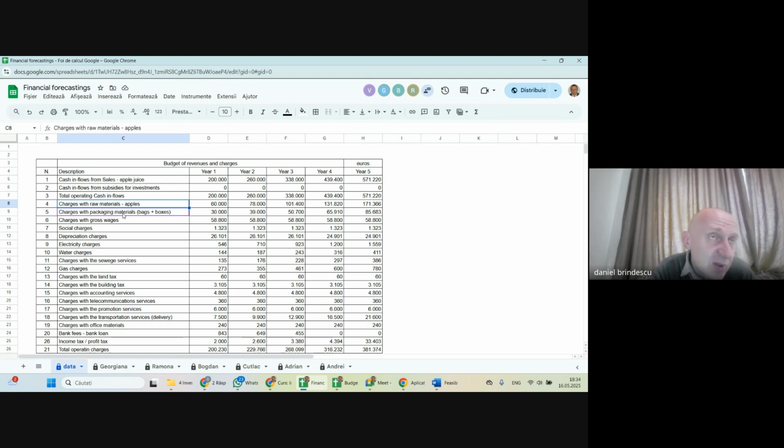So it's conceivable to buy the apples, or at least a lot of apples, at the end of the last implementation year, pay them then, so have the payments with the raw materials done then, before the first year of operating activity, and consume them throughout the first year. So register the charges with the consumption, of course, during the first year, but the payments could have been done before. So I could have, imaginably, no payments for raw materials throughout the entire first year.